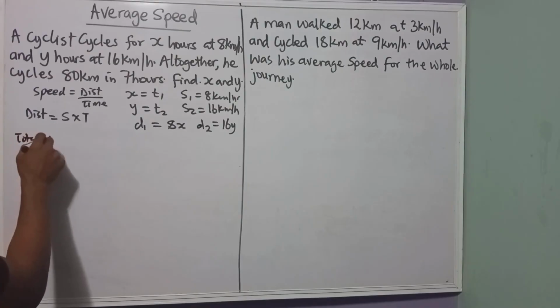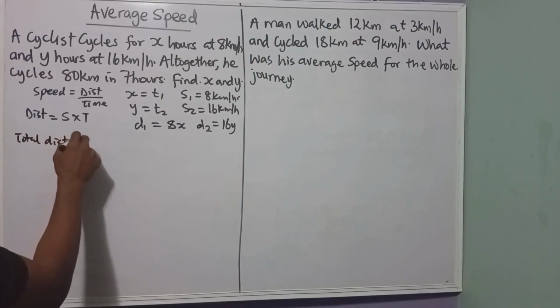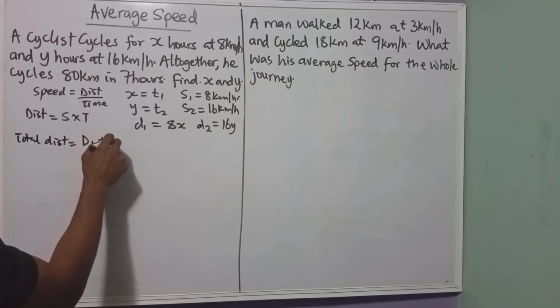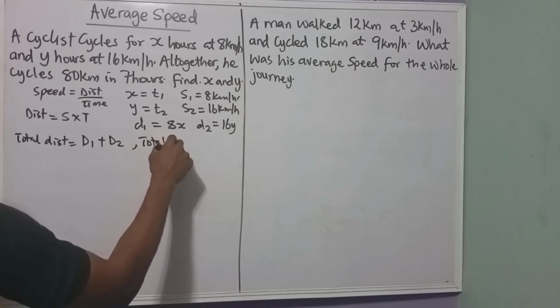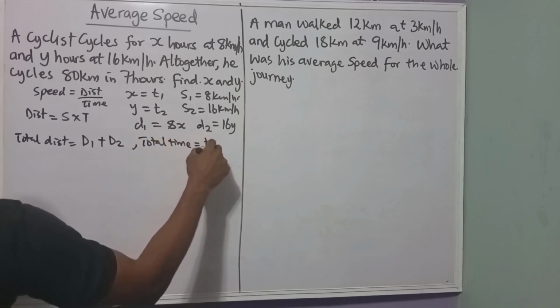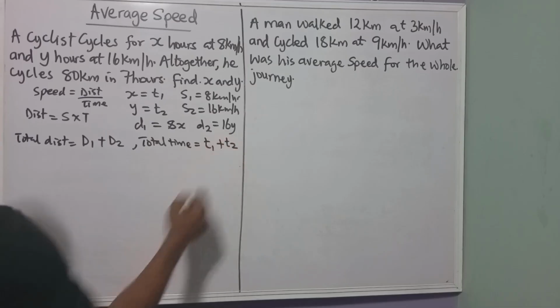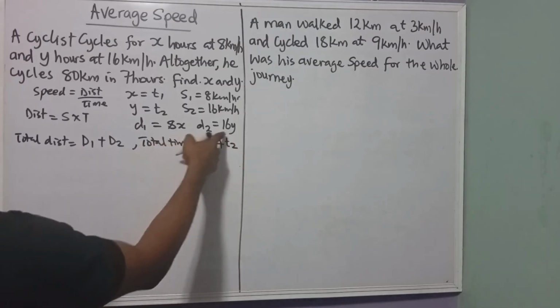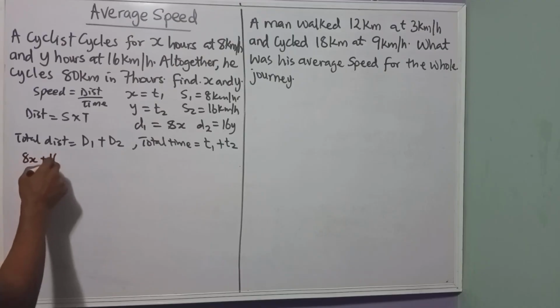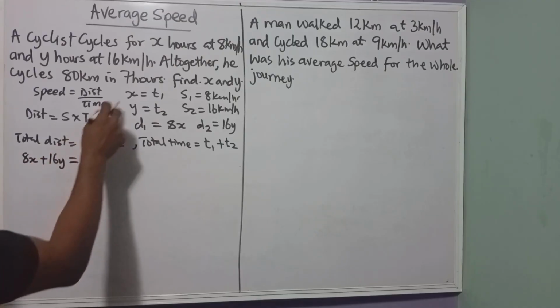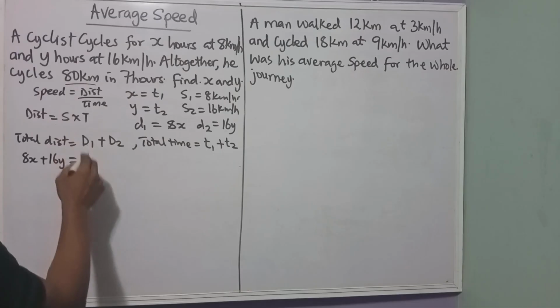Now for our total distance, we have it as D1 plus D2, and total time as T1 plus T2. Now our D1 plus D2 will become what? 8x plus 16y equals 80 kilometers.